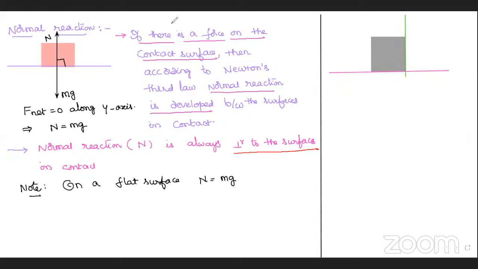I take the pink color as the ground, and this green color as the wall. And the black color is the block. It is just placed at the corner, thrown to the corner, like yesterday I told, a physics book thrown to the corner.